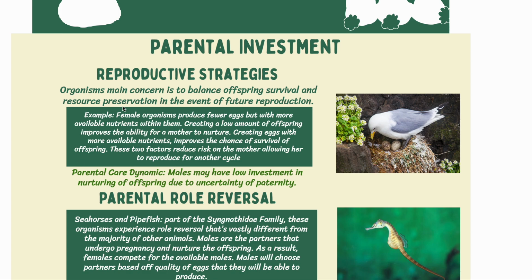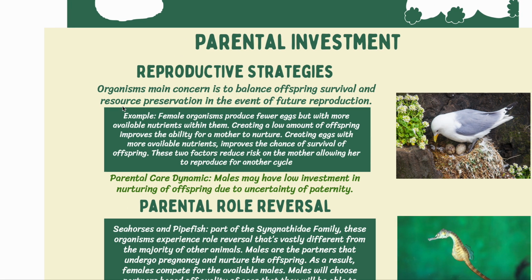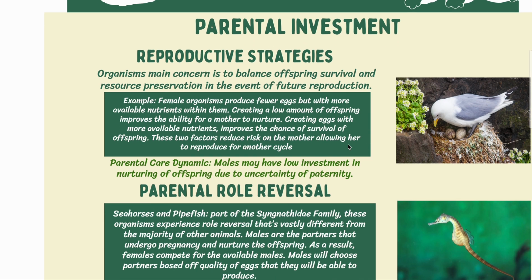I'll begin with reproductive strategies. Essentially, reproductive strategies revolve around an organism's main concern to balance offspring survival and resource preservation in the event of future reproduction. An example of this is when female organisms produce fewer eggs but with more available nutrients within them.